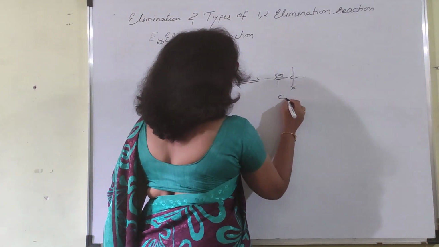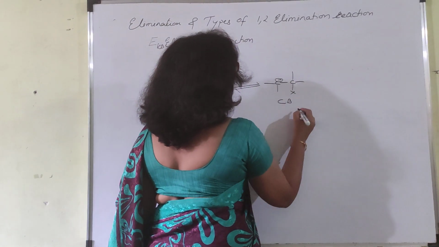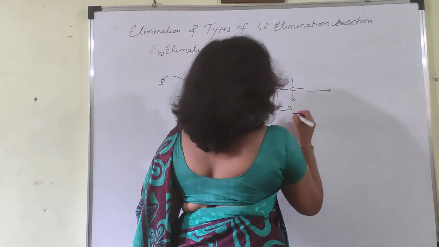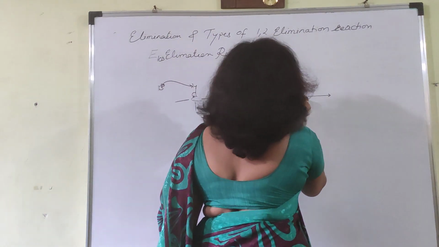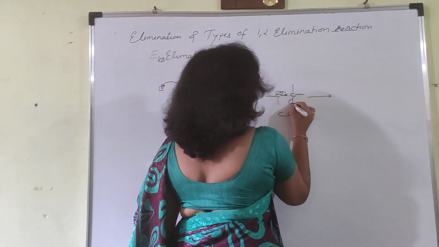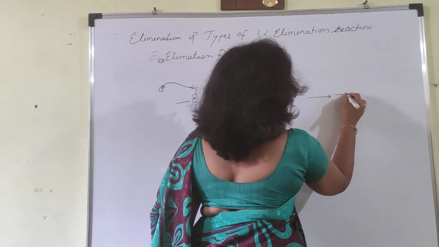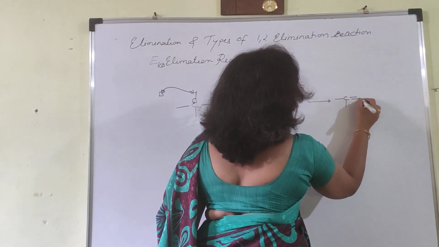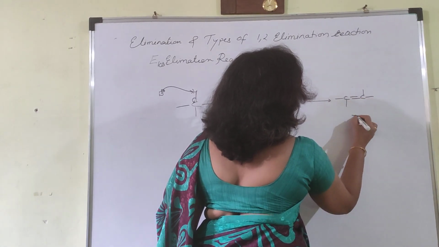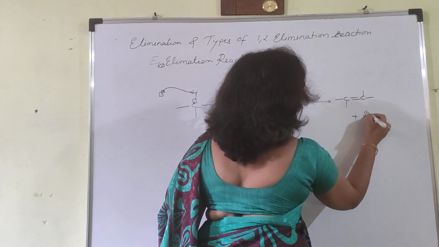This is the conjugate base which is being formed, and further this conjugate base will help in leaving the leaving group with the formation of a pi bond, giving you the product.